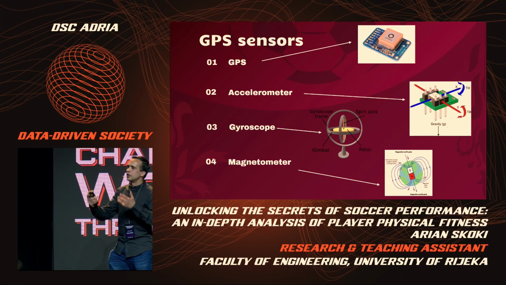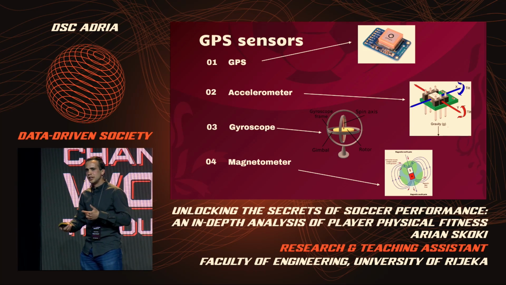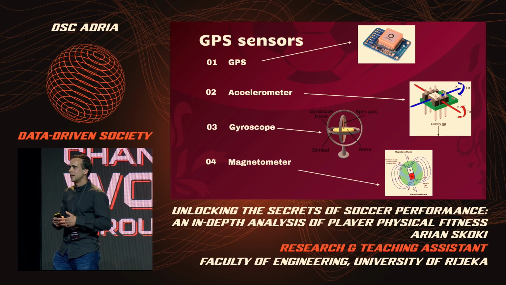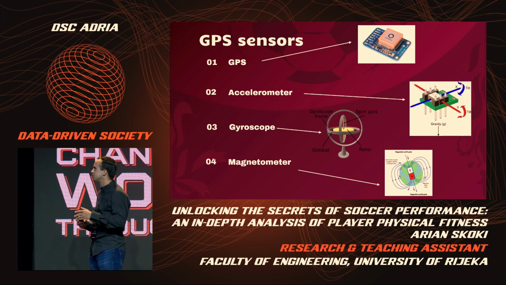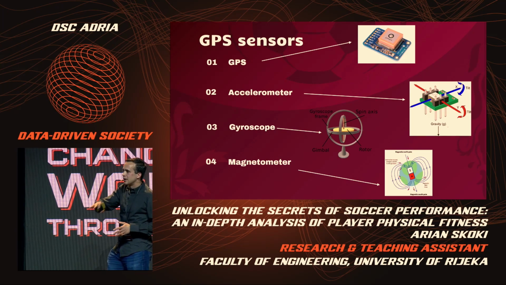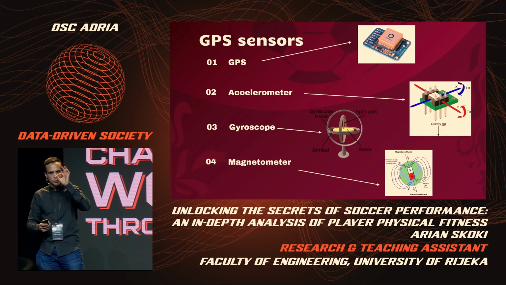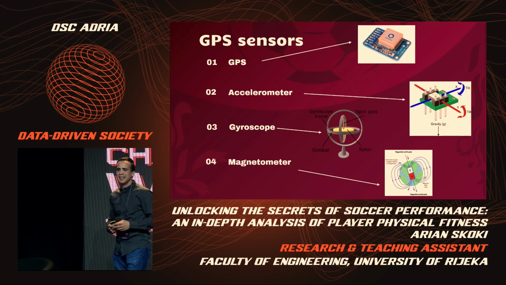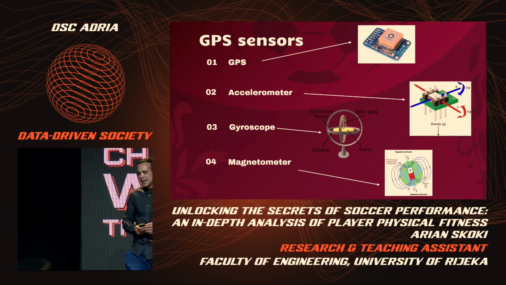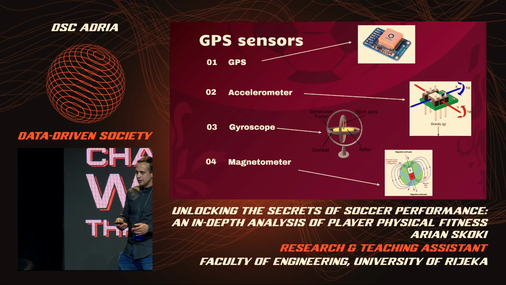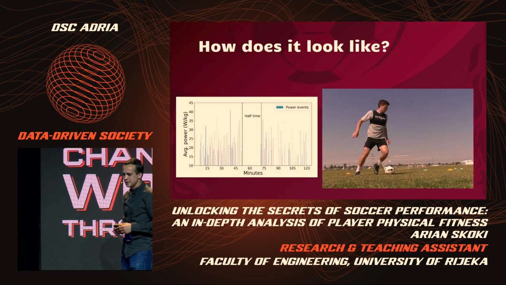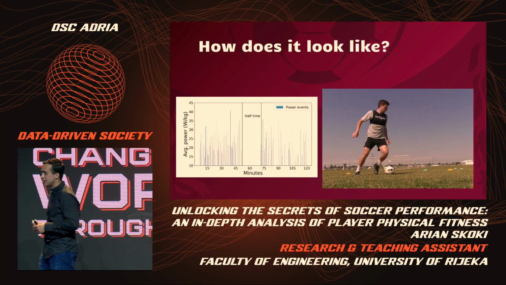You can also measure impacts like tackles and jumps, but that is for, let's say, more expensive providers. The cheapest ones do not provide that. So we have the integration of all these sensors inside this small device, you can see the size of it, and it's pretty convenient to wear. Images again on the right.